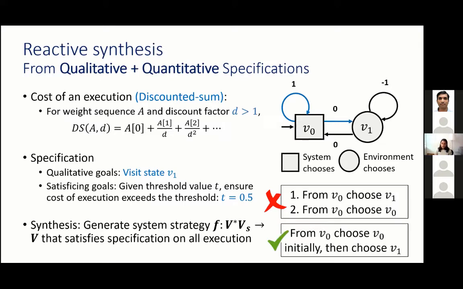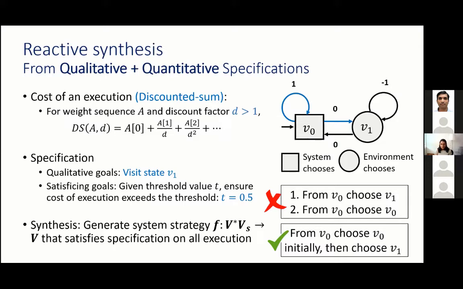But suppose you take another strategy, which is to remain in V0 for some number of times, and then move to V1. Then we can see that depending on what the discount factor is, the system can choose to remain in V0 for a sufficient number of times. By doing that, it can ensure that the total cost will exceed half. And then finally, it can move to V1, from where it can ensure that even the qualitative goal is satisfied.